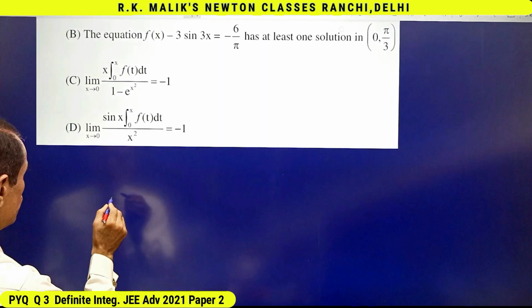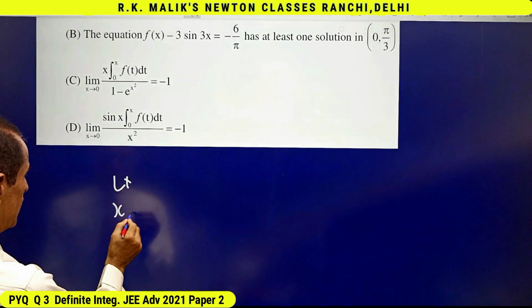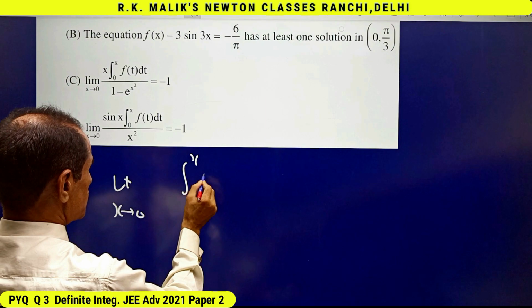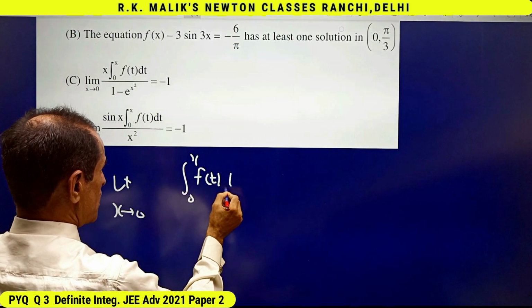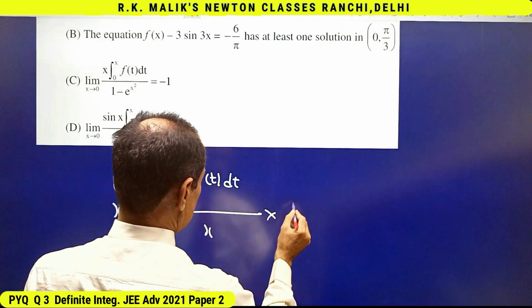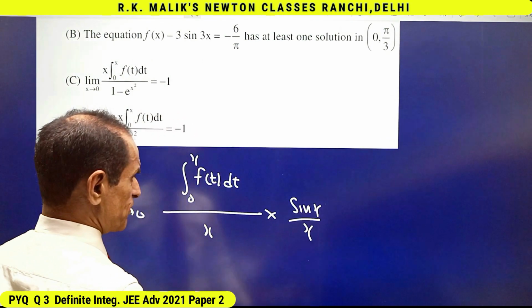And lastly, for the choice D, the limit as x tends to 0 of the integral from 0 to x of f(t) dt upon x into sin x upon x.